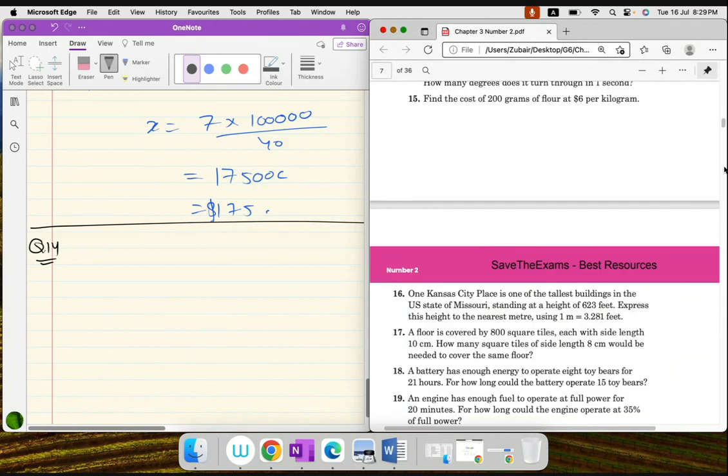So it will be 1.20 dollars. I got $1.20.